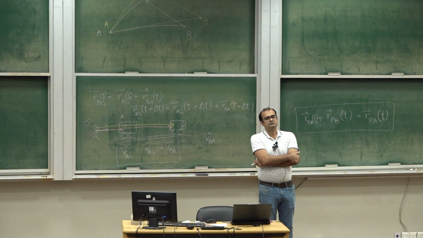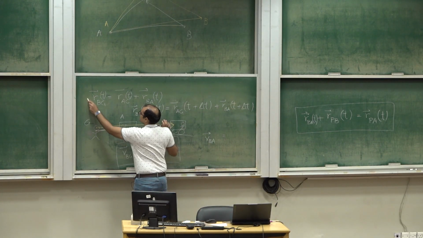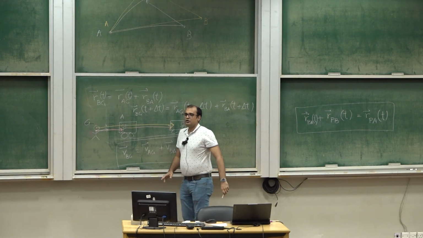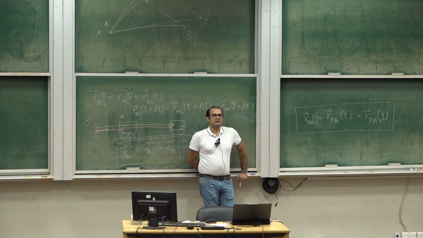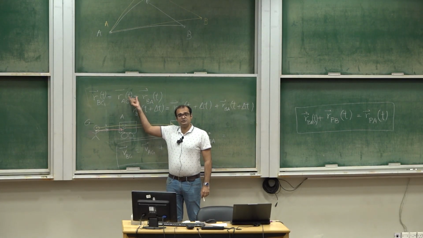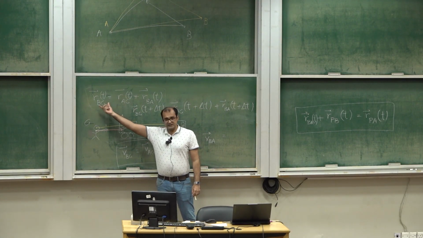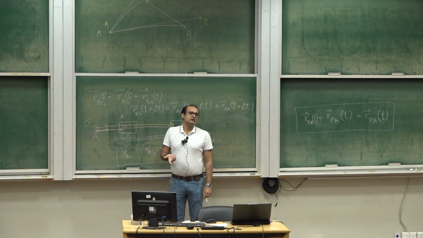Same relationship for acceleration. Essentially, yes. Because if you look at it, what have I done? I've taken this equation and I've said essentially, look at the rate of change of this equation on both sides. If this vector is always equal to the sum of these two vectors, then the rate of change of this vector must be equal to the rate of change of the sum of these two vectors.